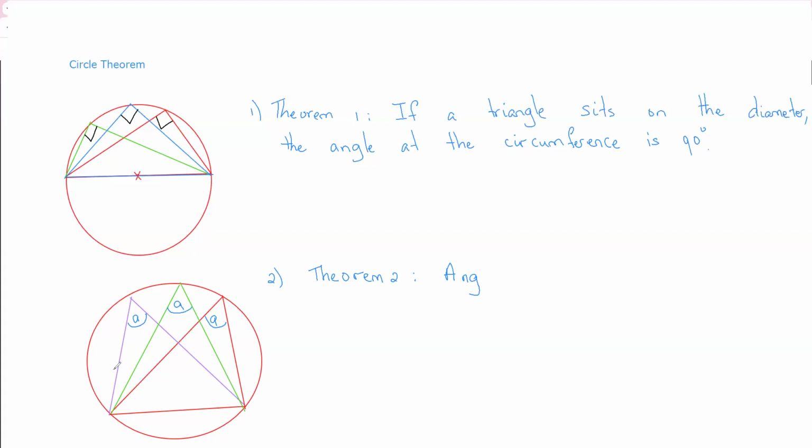For this one, if you notice, all of these angles are in the same segment, right? So, I mean, you explain it in as easy terms as you can recall, right? So we can explain angles in the same segment.